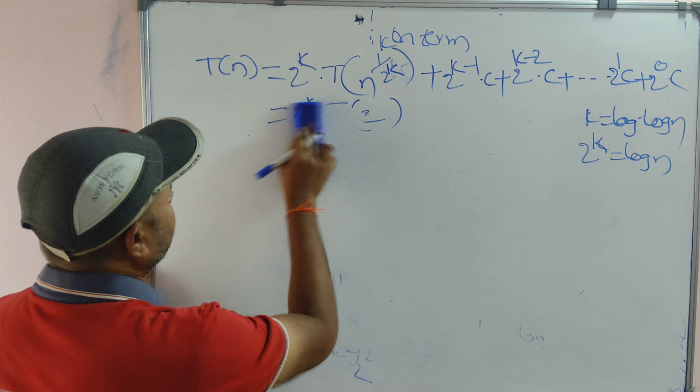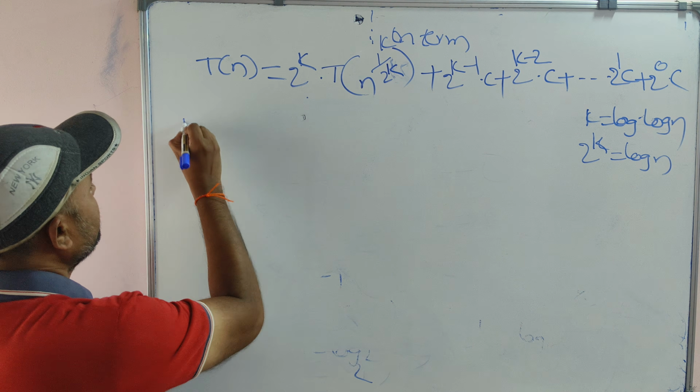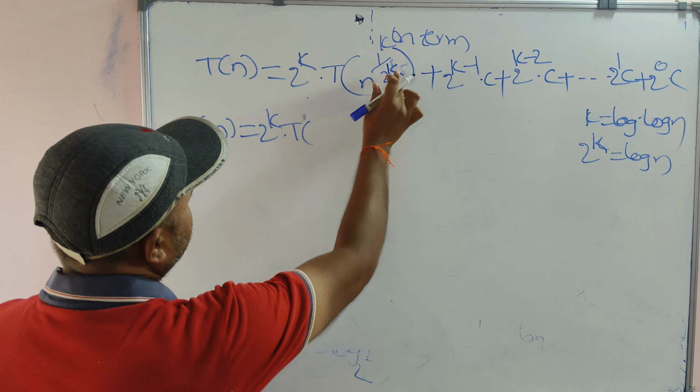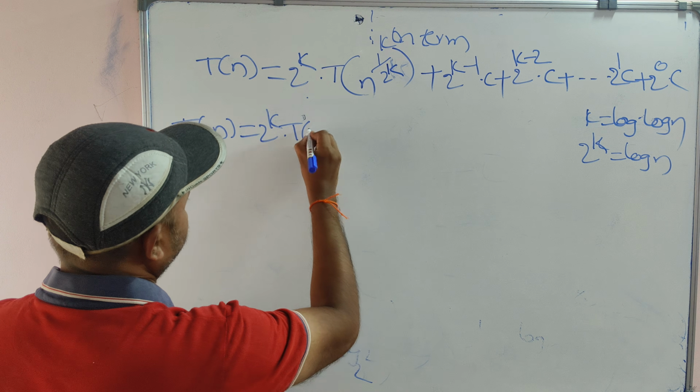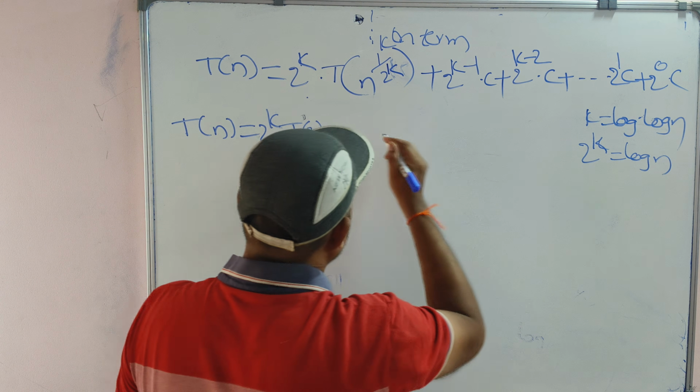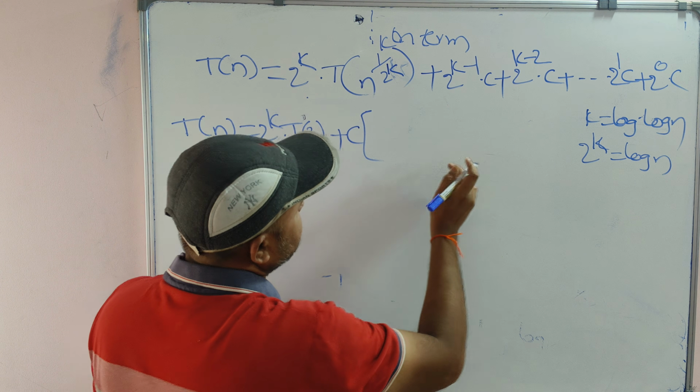So 2 power k into T of n equals 2 power k into T of, and this is nothing but T of 2, plus, if you see these terms, C is common.